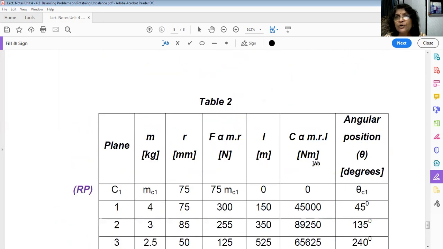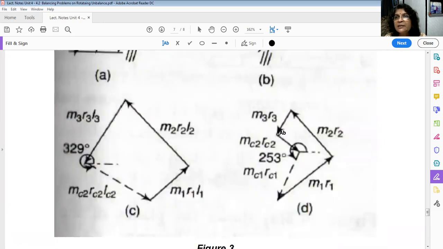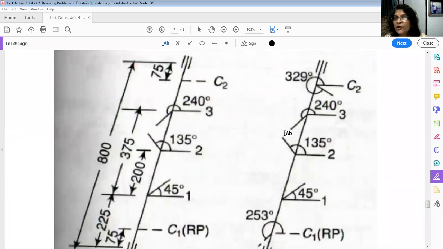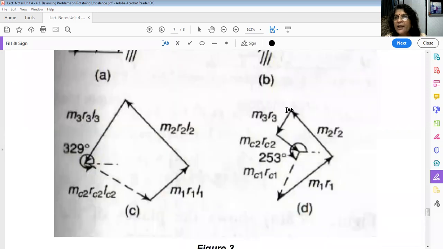So either you draw this vector parallel to this 240, which we have already drawn, or in your angle protractor, keep it here, measure the angle 240 from here, and along that 240 degree draw this vector. You know the length, you know the direction. Now you are here, point number 4. So we have drawn O1, 1, 2, 2, 3.